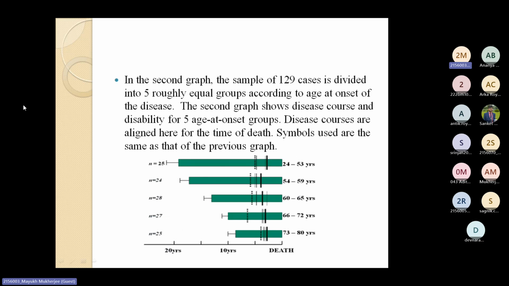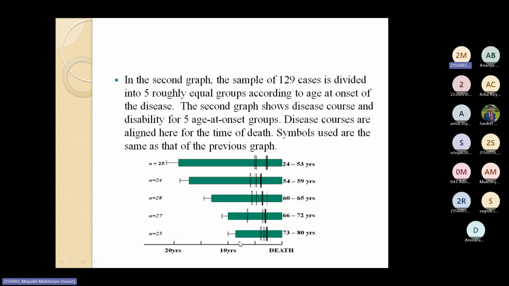In the second graph, the sample of 129 cases, as I had stated in the introduction, 129 patients were taken for the consensus, and the sample of 129 cases in the second graph is divided into 5 roughly equal groups according to the age at onset of the disease.